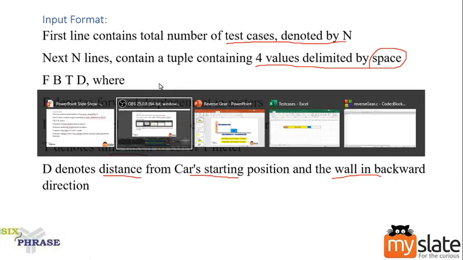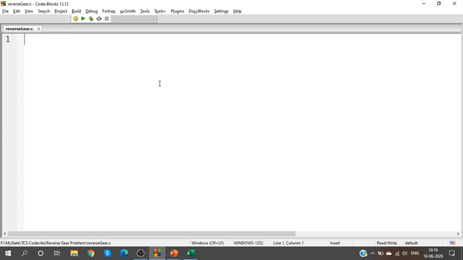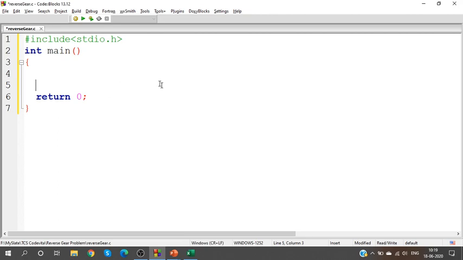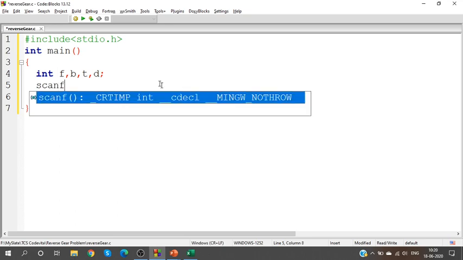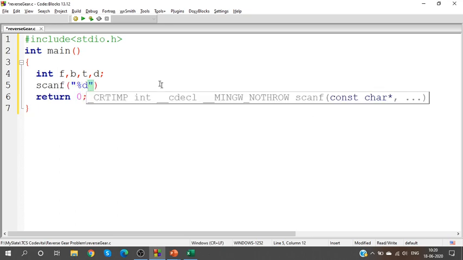So these are the four data we'll receive. First, let me receive it. We have four variables so far: F, B, T, D. All these will be received as input separated by space.